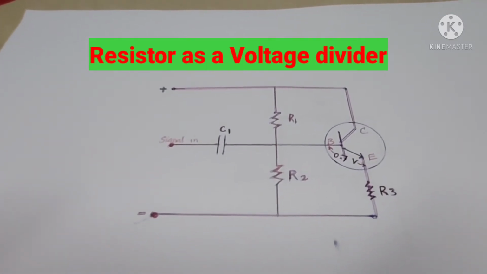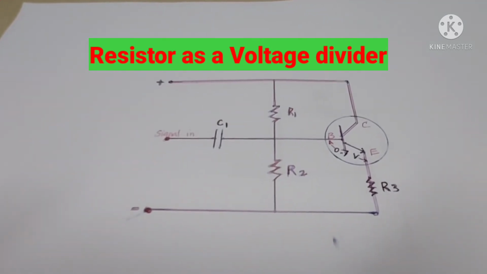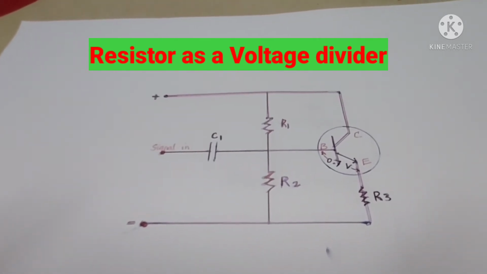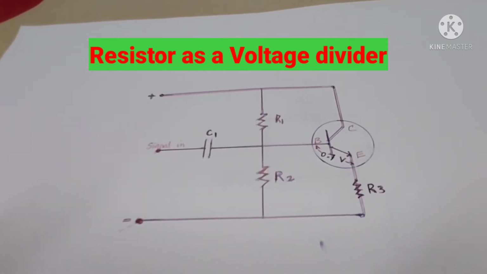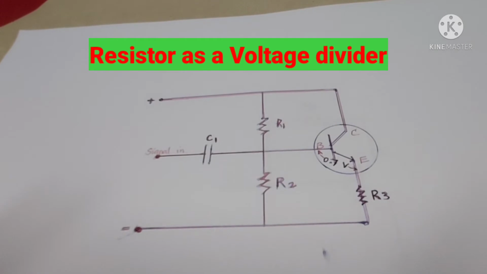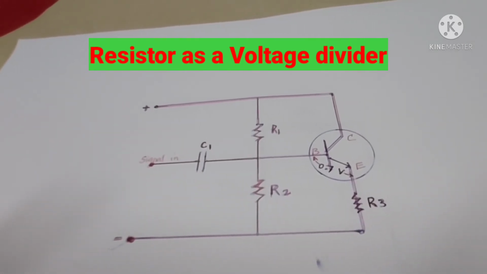This is a circuit of voltage divider resistors. You can see there in the circuit the R1 and the R2. R1 resistor, R2 resistor.